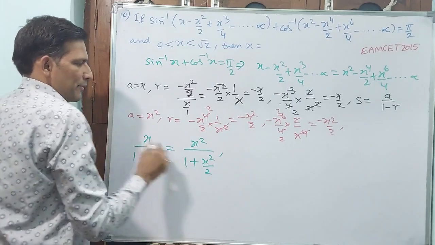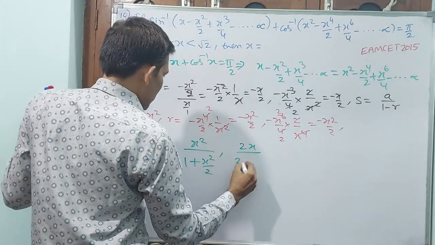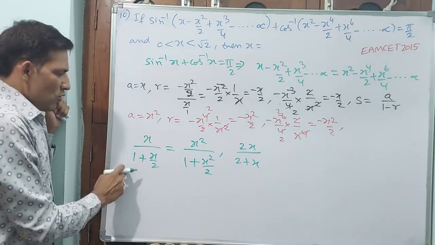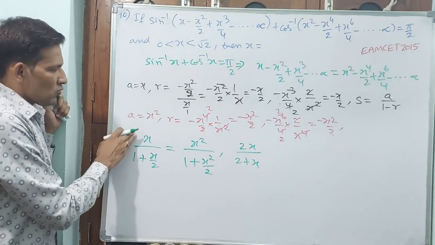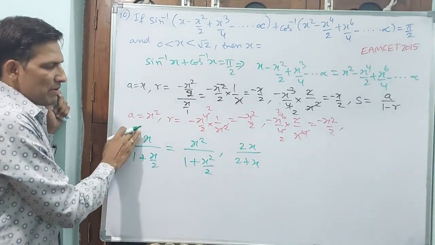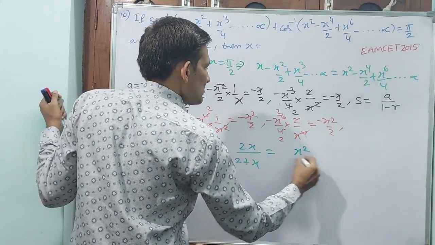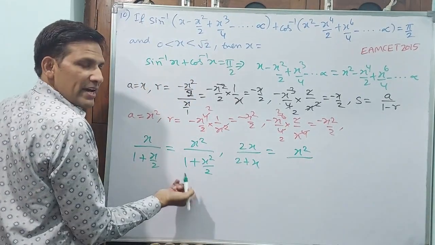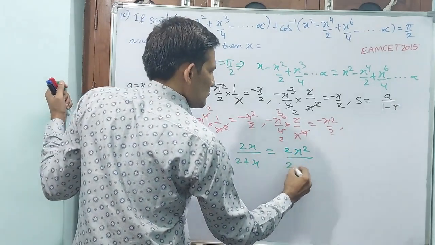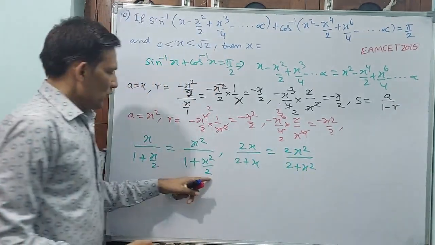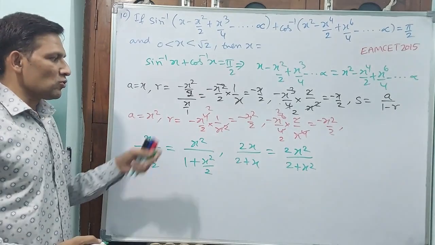This 2 goes top. 2x by 2 plus x. 2 plus x divided by 2. This 2 goes top. 2 plus x divided by 2 is equal to 2 plus x square divided by 2. This 2 goes top.